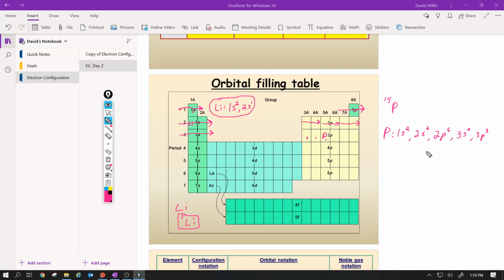So you've got your street, which corresponds to the energy level. You've got your house, which corresponds to the sublevel. And within the house, you've actually got rooms. How many rooms? Well, an S house only has one room, one orbital, and it's got a bunk bed where you can put 2 electrons.